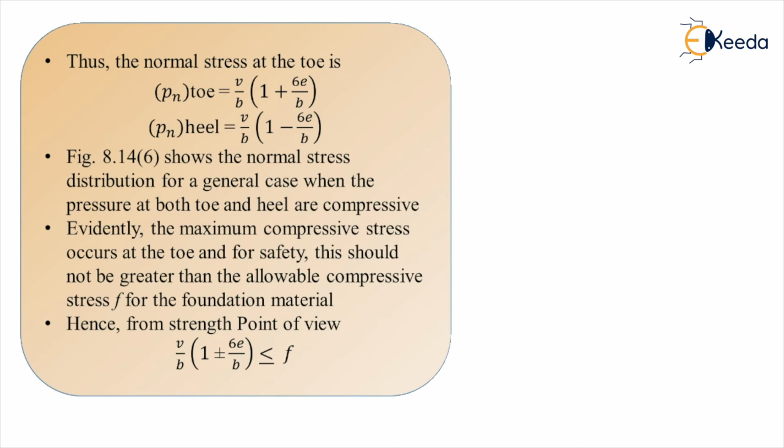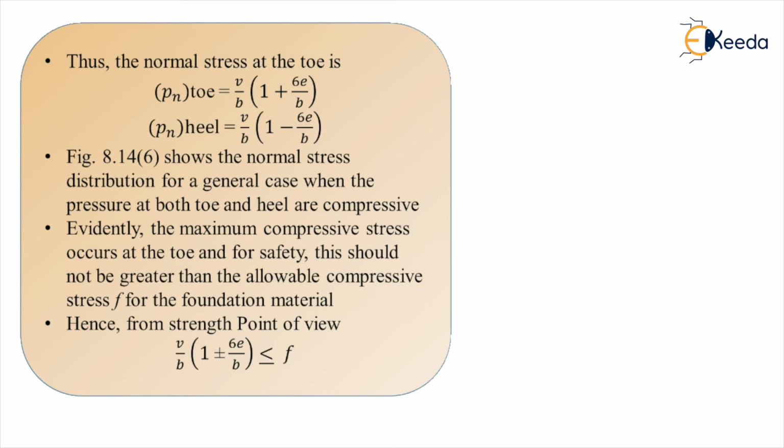Hence, from the strength point of view, this normal stress should be less than or equal to the allowable compressive stress, that is F, and the value will be 3000 kilonewton per meter square.